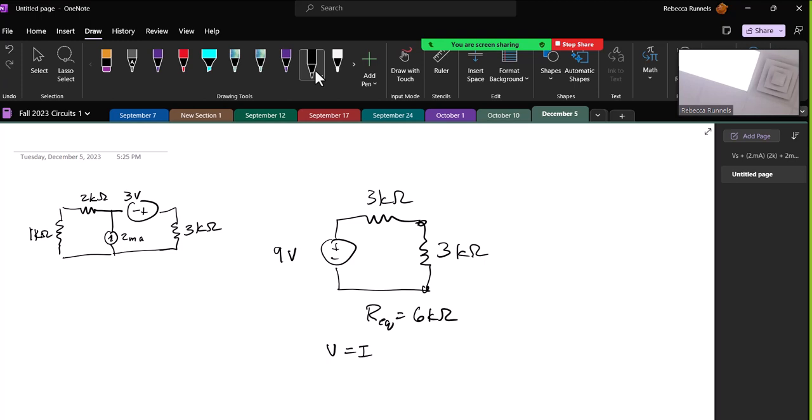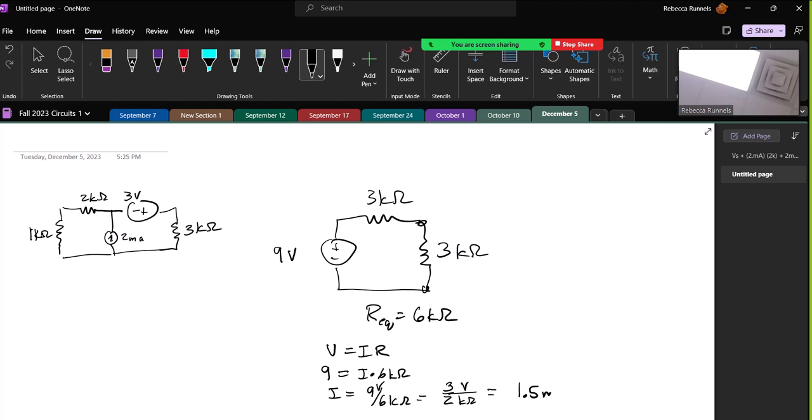So V equals IR, or 9 equals I times 6 kiloohms. So I equals 9 volts over 6 kiloohms, and so that is 3 over 2 milliamps.